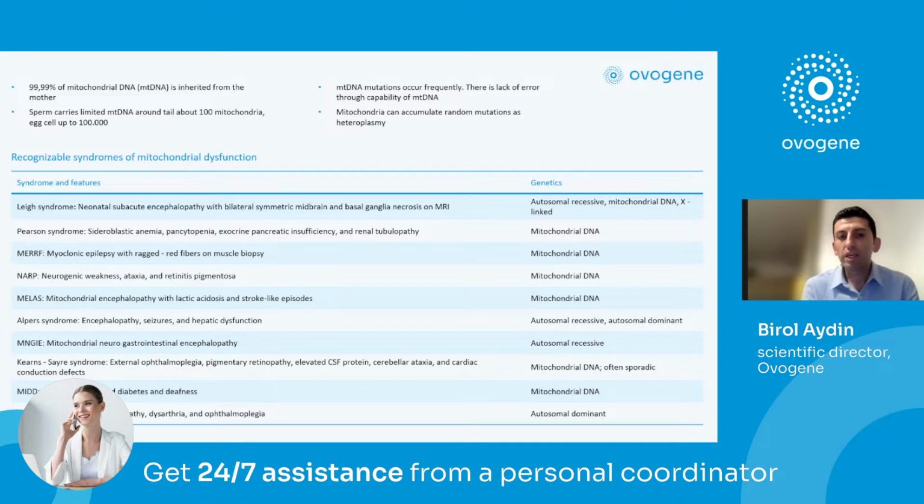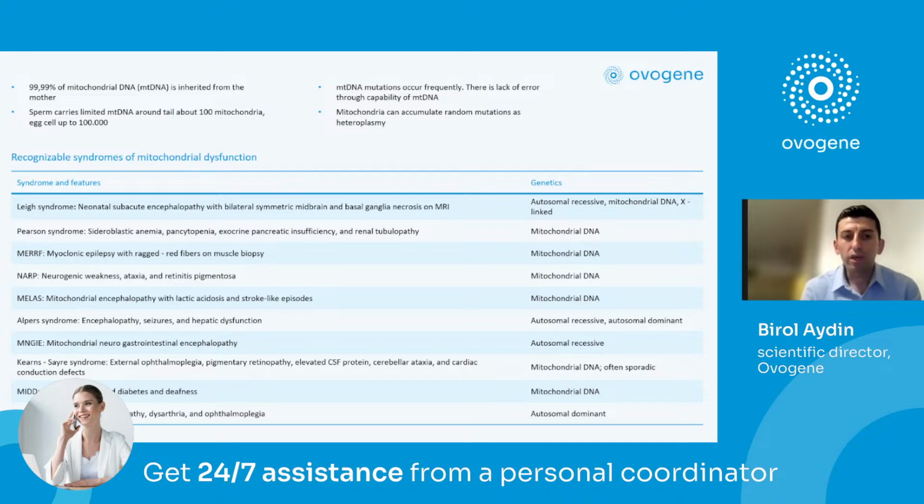Once they get pregnant and have a child, if they find out about a mitochondrial disease, then they become aware of the situation. But now carrier screening helps so much, as they are able to check all mutations and consider further treatment.